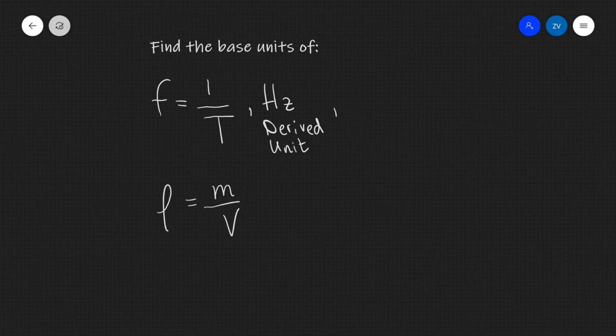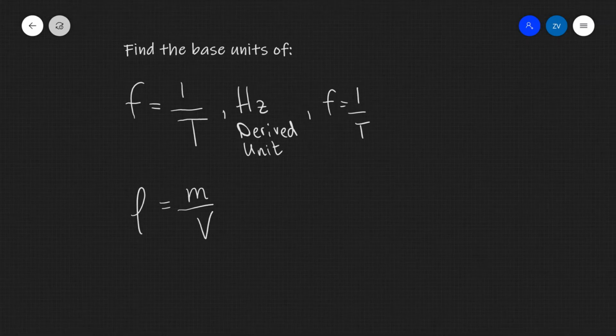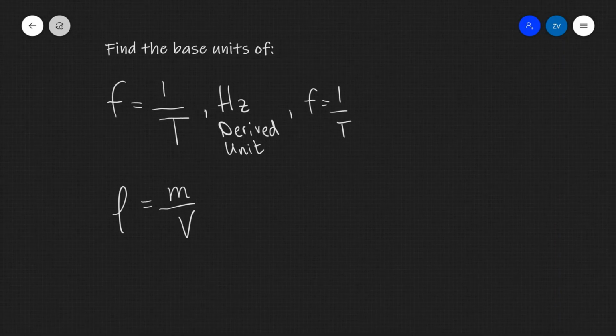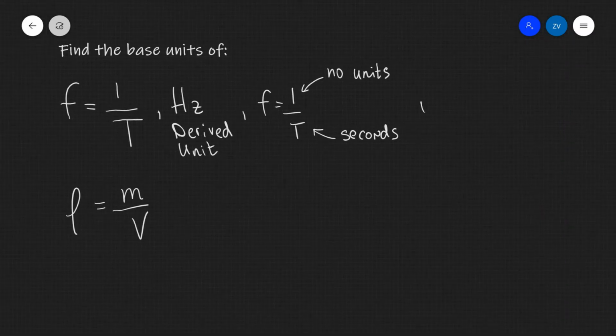For example, because frequency is 1 over the time period, let's think of the units of each of those things. So first of all, this 1 is just a number, so it has no units attached to it. And time, as you know, is measured in seconds. So that means that the base unit of frequency is actually 1 over seconds.